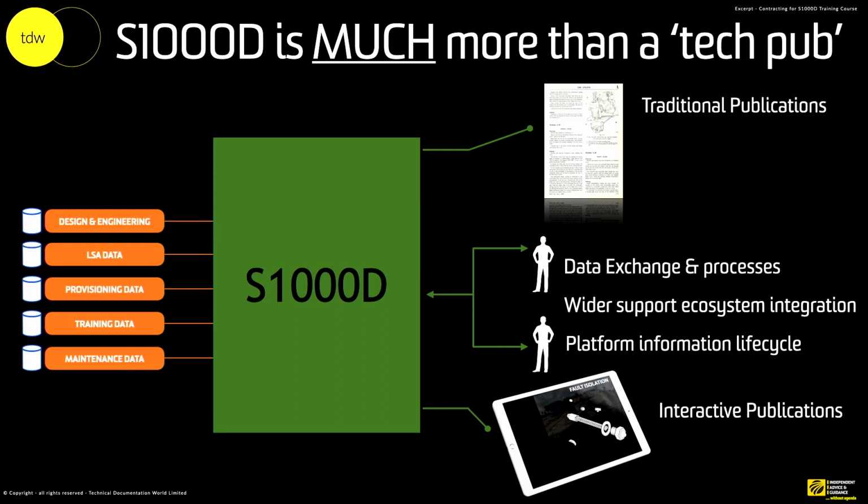But S1000D is all about a through life cycle approach and methodology to our technical publications. And we can integrate with wider support ecosystems, wider specifications and standards, and we can gain much more by delivering something like an interactive technical publication, IETP, and the specialist software vendors out there that support this.